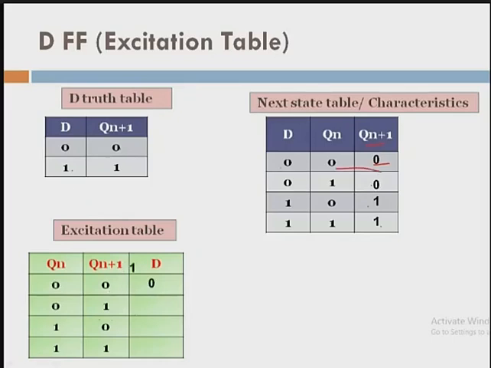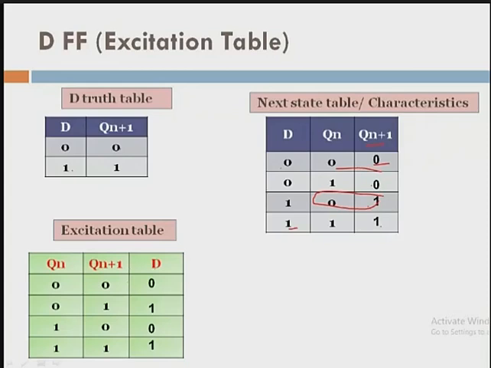Then 0, 1: the respective input value is 1 for D. Again 1, 0: for that 1, 0, D is equal to 0. And for 1, 1, again 1 is there. So you can write down 0, 1, 0, 1. That is your excitation table.